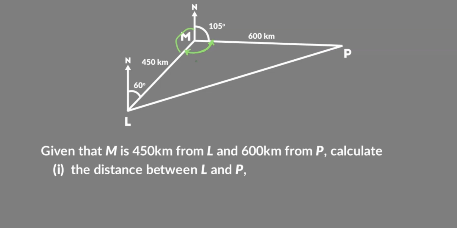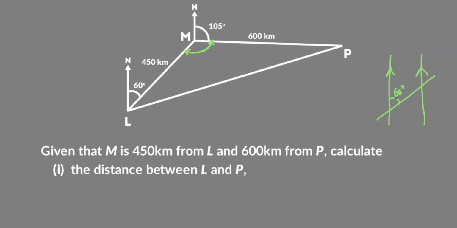What I simply want you to pick out from this is that we've got two parallel lines that are running like that. These are the northings. Then we've got the 60 degrees here. We know some relationships between the transversal and parallel lines.